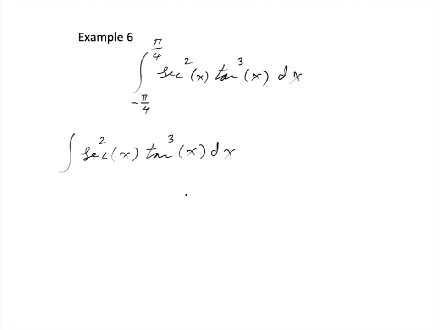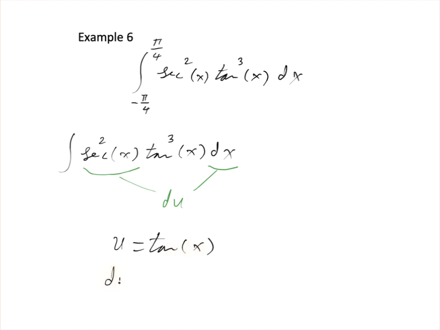So this one, we know the derivative of tangent x is secant squared x. So therefore, this part, secant squared times dx, we want that to be the du. So that's du, and therefore u would be tangent x.